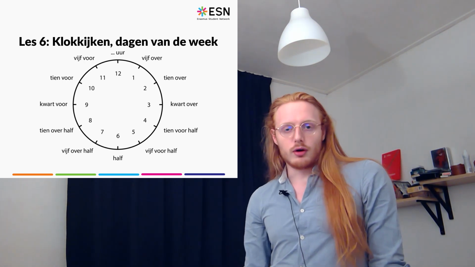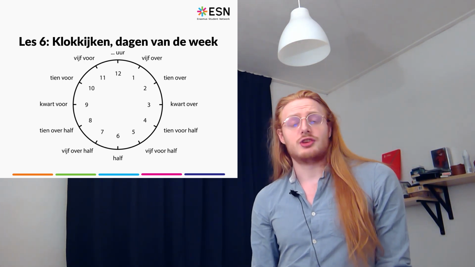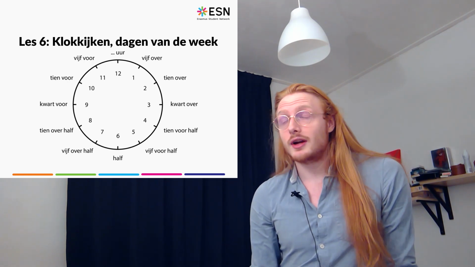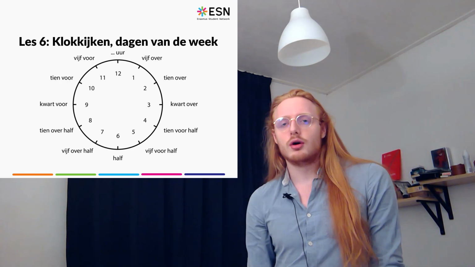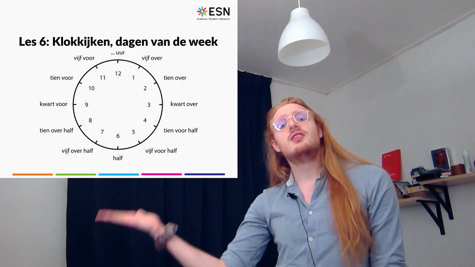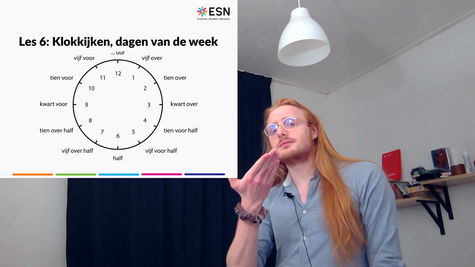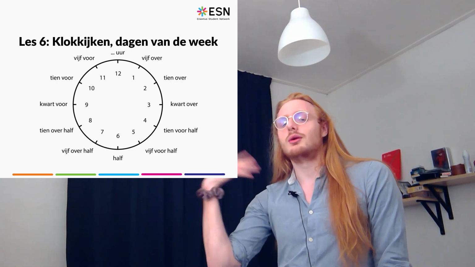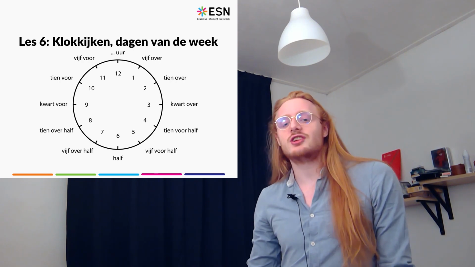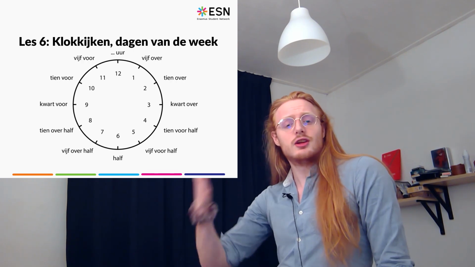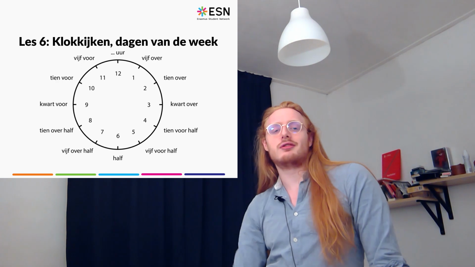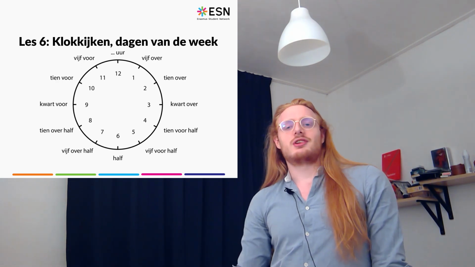And then you would expect 20 past, 20 over 11. And then you would be wrong, because that is not really the common way to say it. It's not per se incorrect, it's definitely intelligible, but mostly people would say het is 10 voor half 12. So if it's 11:20, you would say 10 voor half 12, literally translating to 10 to half to 12. Sounds very cumbersome, right?